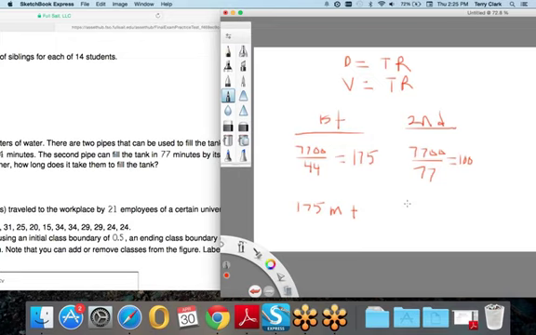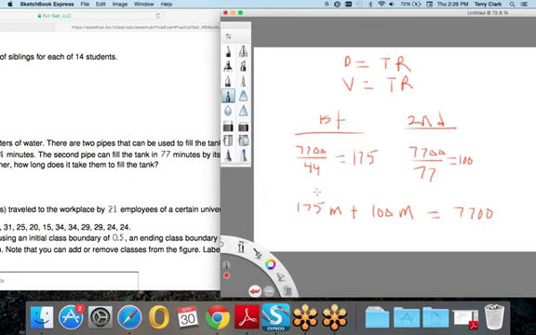We're adding pump one and pump two together to pump out the water. 100 liters per minute times the minutes, and that's going to give us the total we already know, which is 7,700.